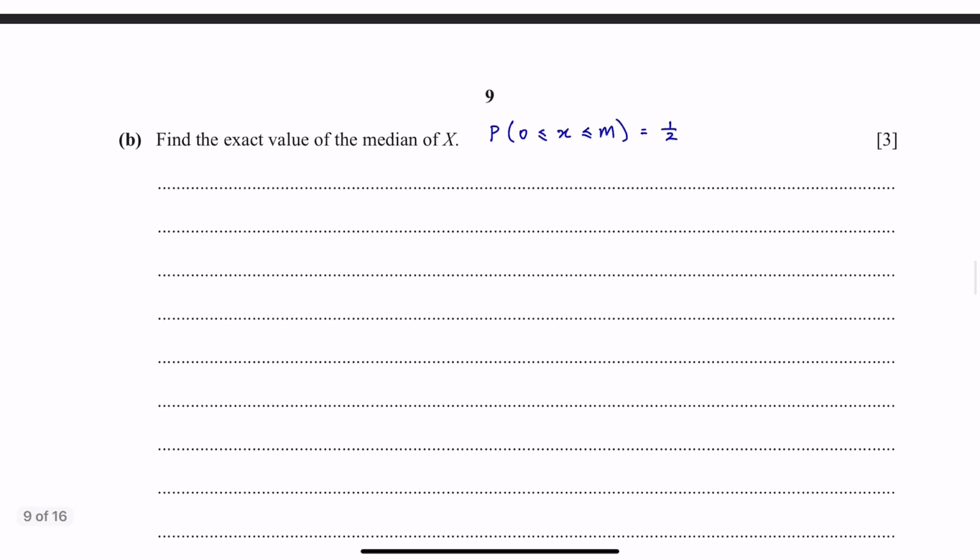So we can integrate this 1 over 128 from 0 to m, 20x minus x cubed equals 1 over 2. Why do I get this expression?